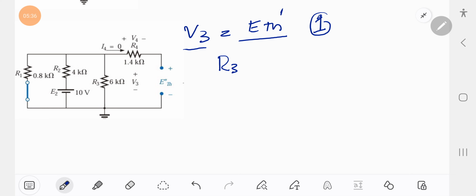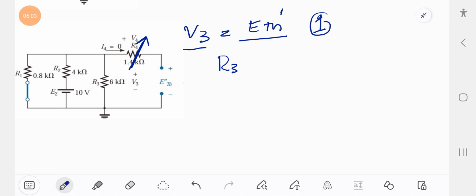Now there is no current here in resistance R4, so we do not consider this resistance, because the current flowing in this resistance is 0.